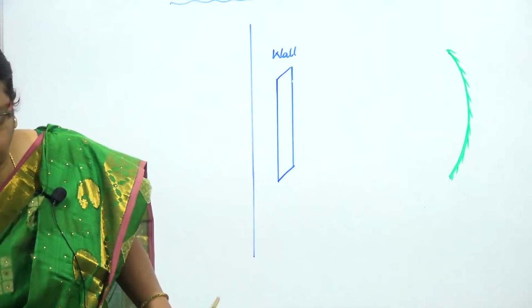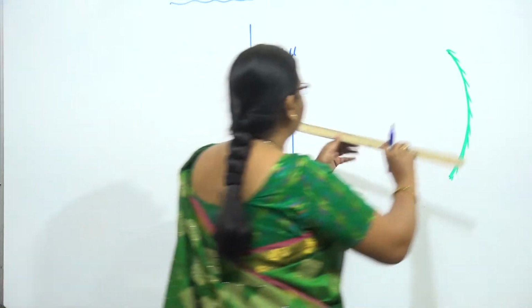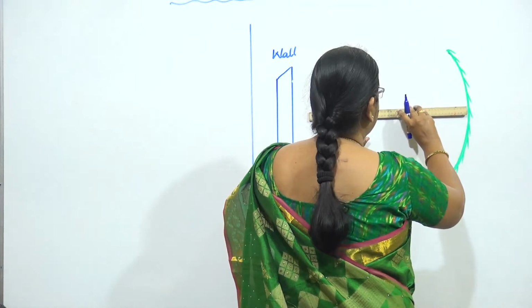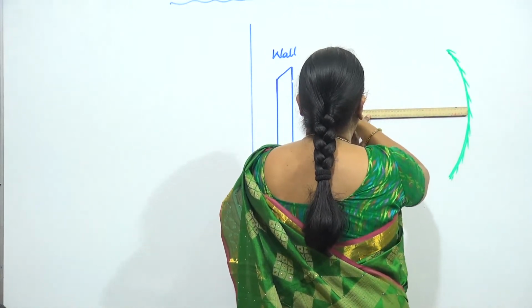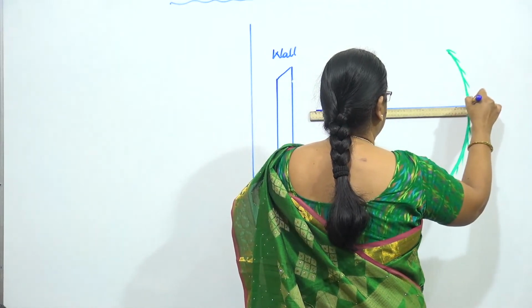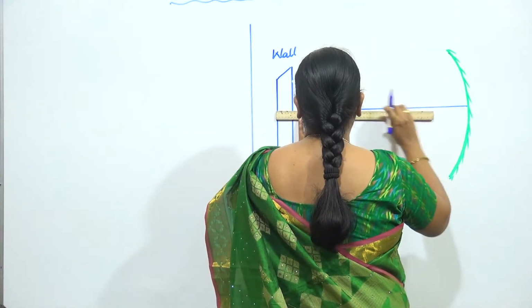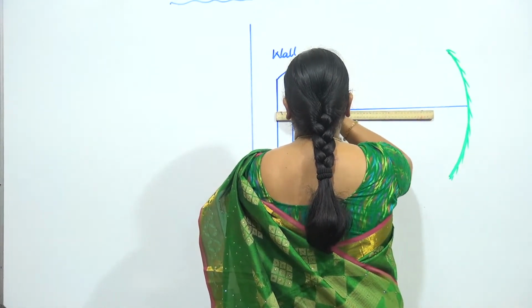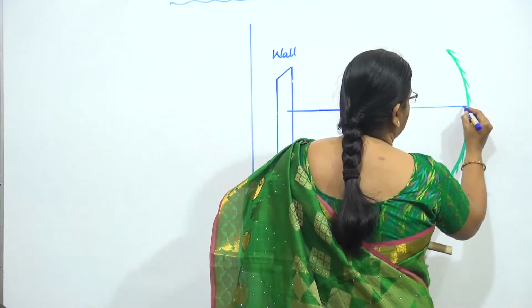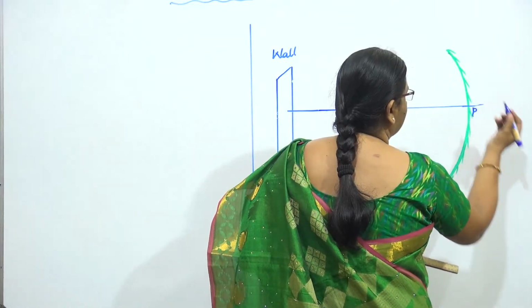wall. Okay, well, so suppose I take its axis. So this is the pole of the mirror.